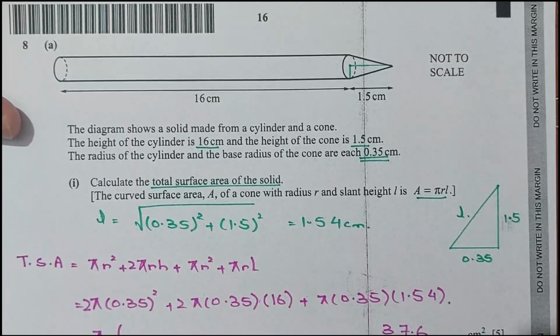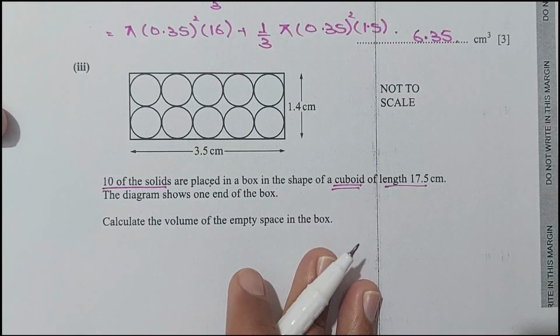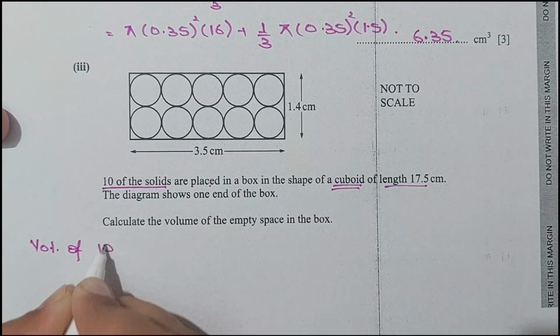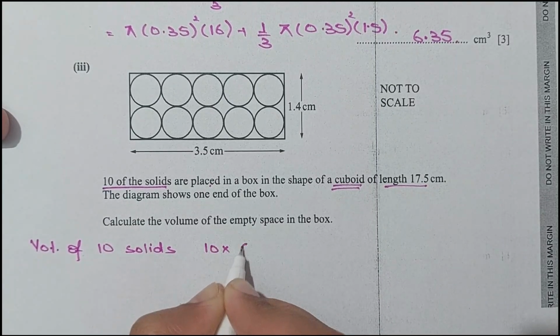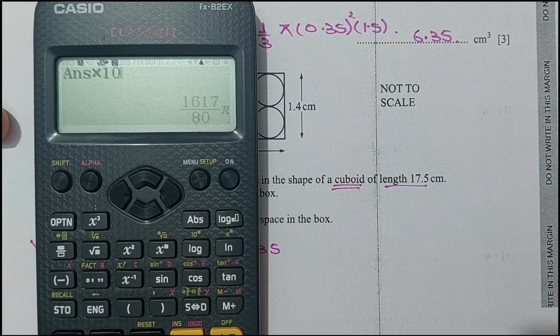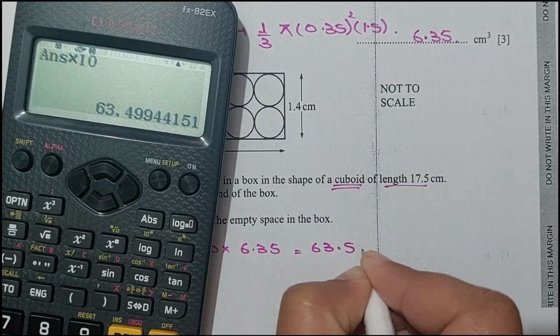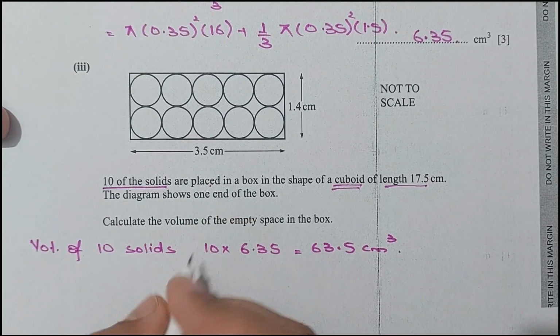So this is one solid, and we have done with the volume of one solid is this much, right? So volume of 10 solids is 10 times 6.35, times it by 10, 63.5 cubic centimeter. This is the volume of 10 solids.